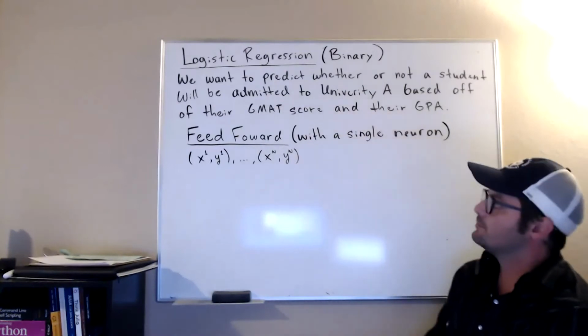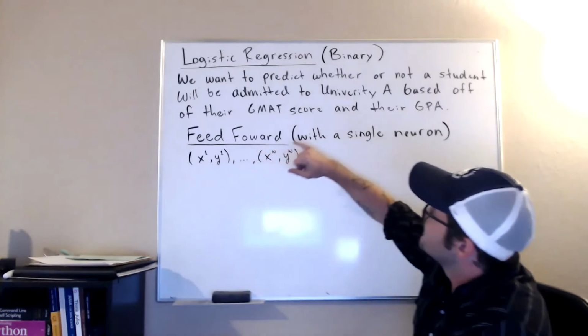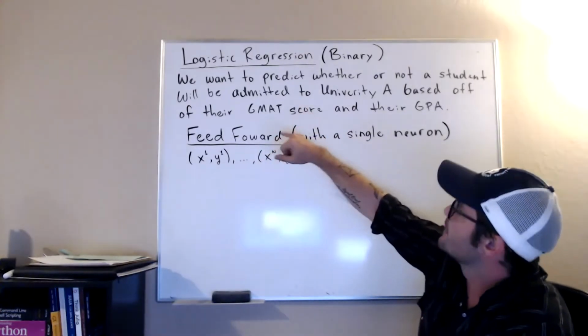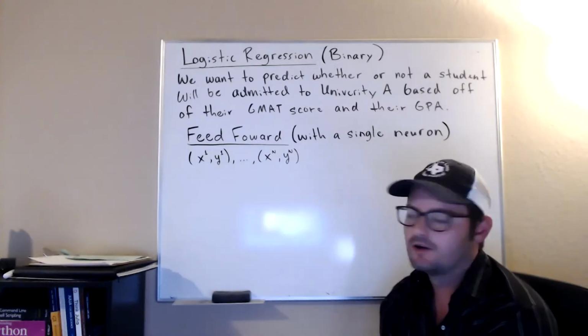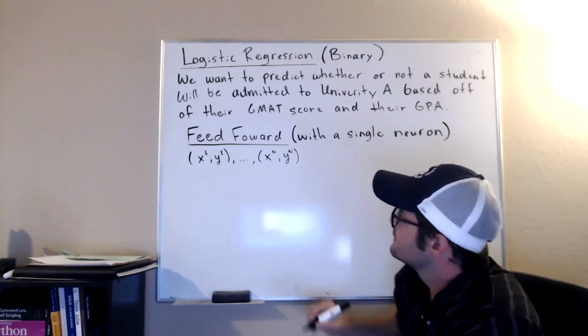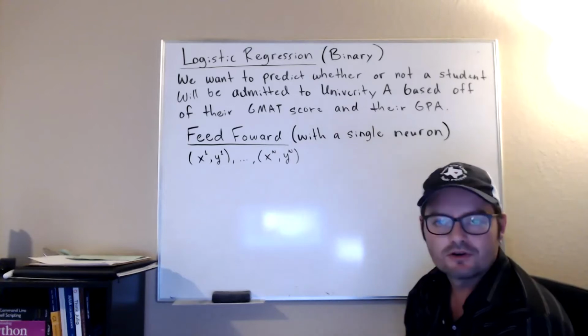Here our feature vectors are going to consist of a previous student's GMAT score and their GPA. So it's a two-dimensional vector for x. And then y is going to be either a 0 or a 1.